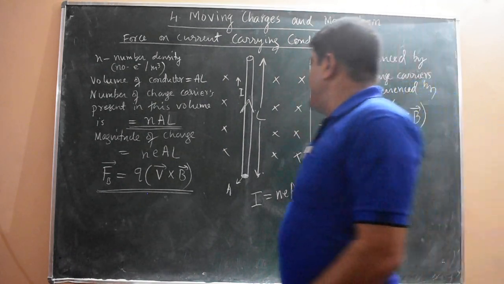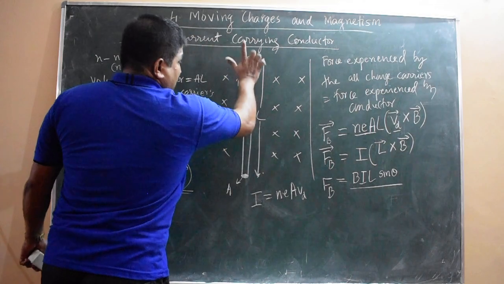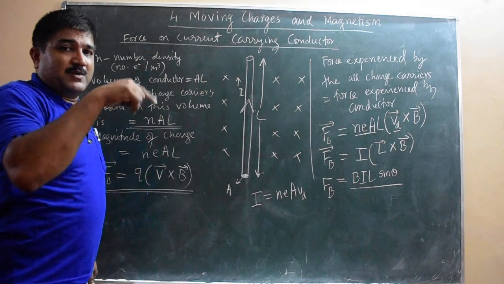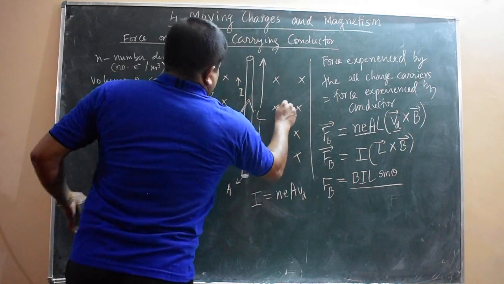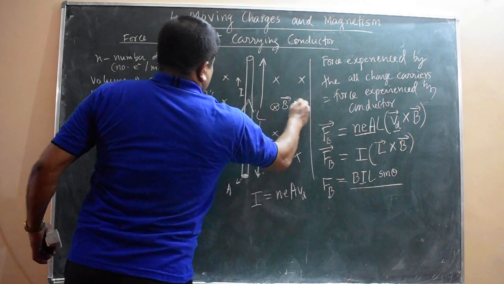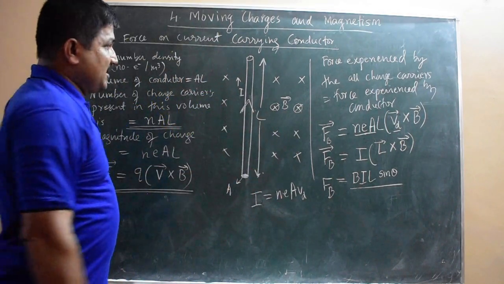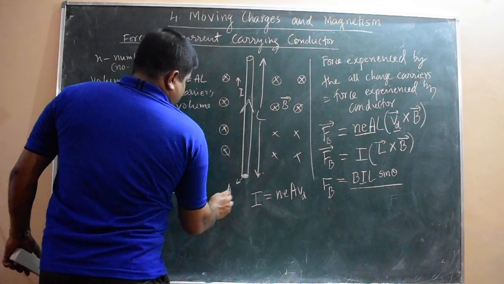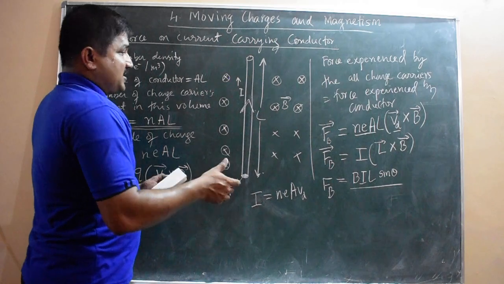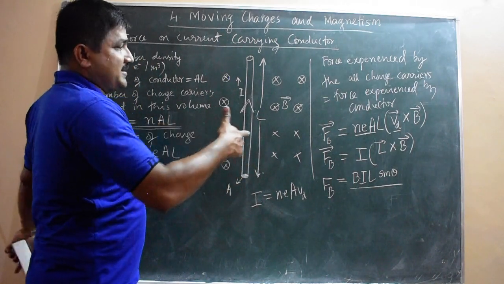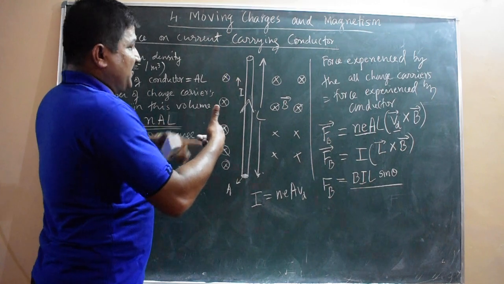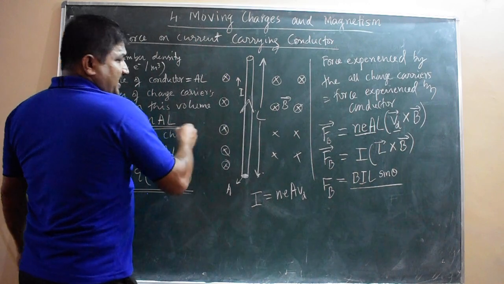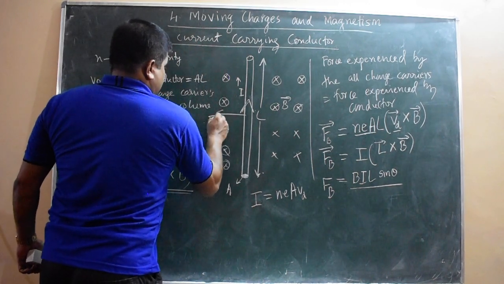The X mark for the magnetic field indicates the direction inwards, into the plane of the board. Now the L vector is upward and the magnetic field is inwards, so the force is this way. This is the force experienced by the conductor.